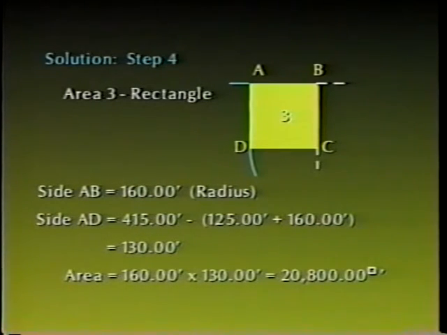Side AD equals 415 feet minus 125 feet plus 160 feet, or 130 feet. The area of the rectangle would be then 160 feet times 130 feet, or 20,800 square feet.